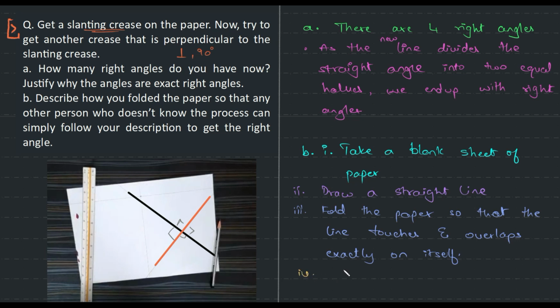Then this new folding divides the straight angle into two equal halves. There are two straight angles actually.